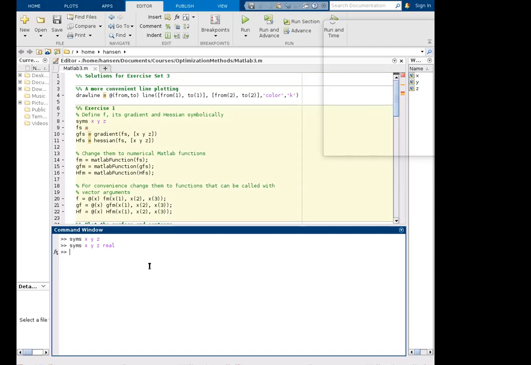So we had this f, which was basically defined as minus x squared minus 4 times x1 times x2 minus x squared. So I'm going to use x and y, x times y minus y squared. That was our f.